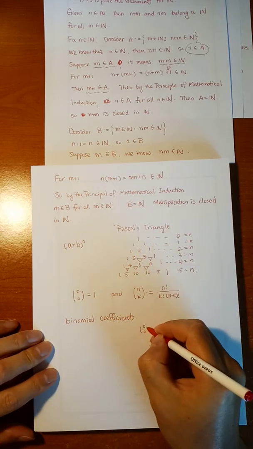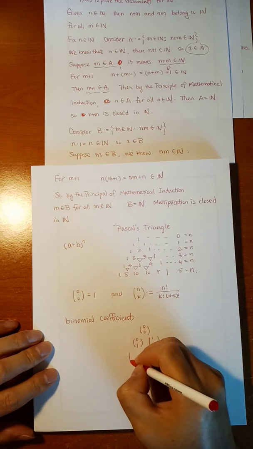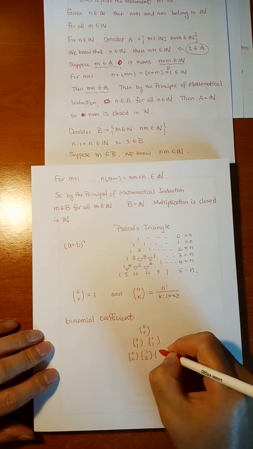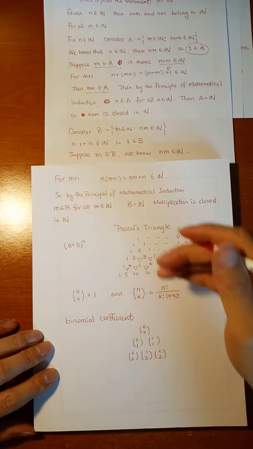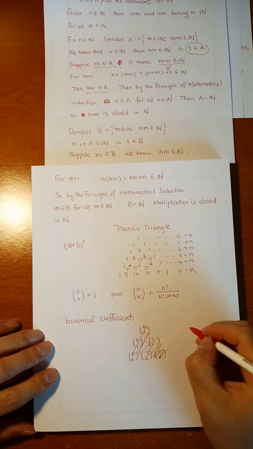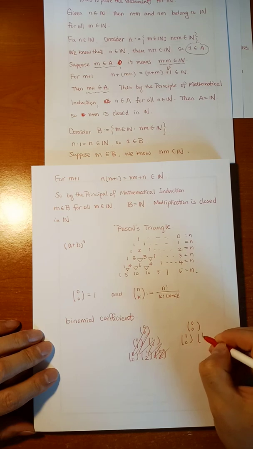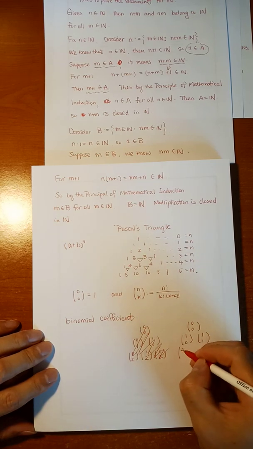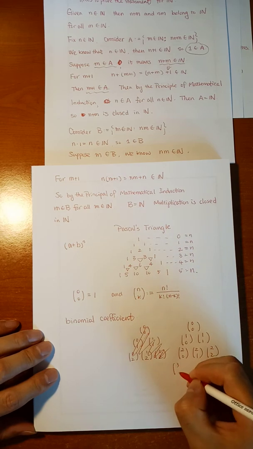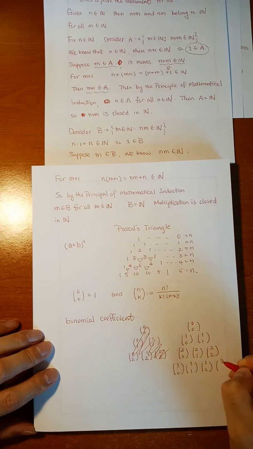It looks like 0 choose 0, then 1 choose 0, 1 choose 1, then 2 choose 0, 2 choose 1, 2 choose 2, then 3 choose 0, 3 choose 1, 3 choose 2, 3 choose 3.